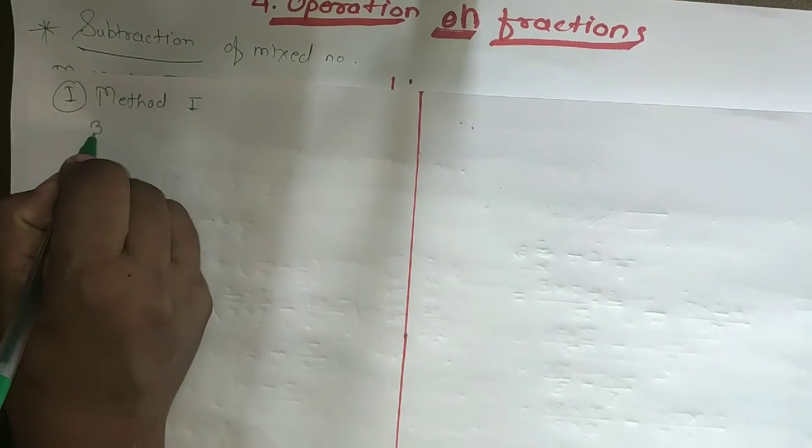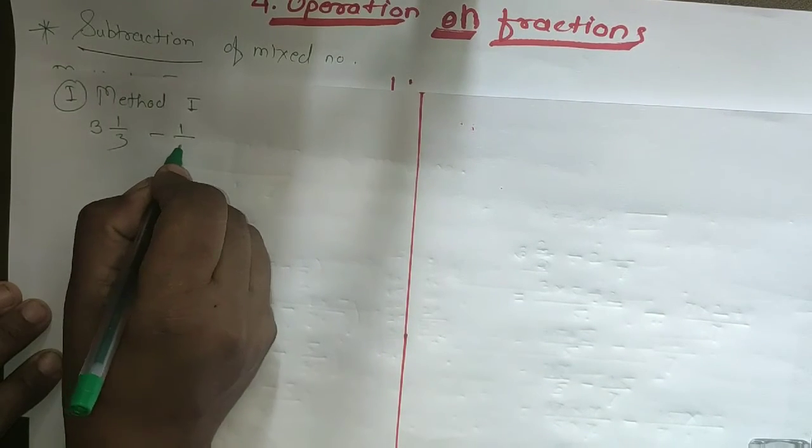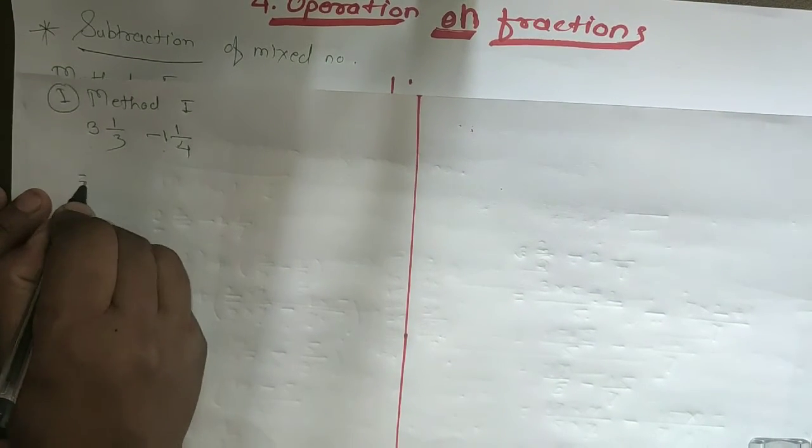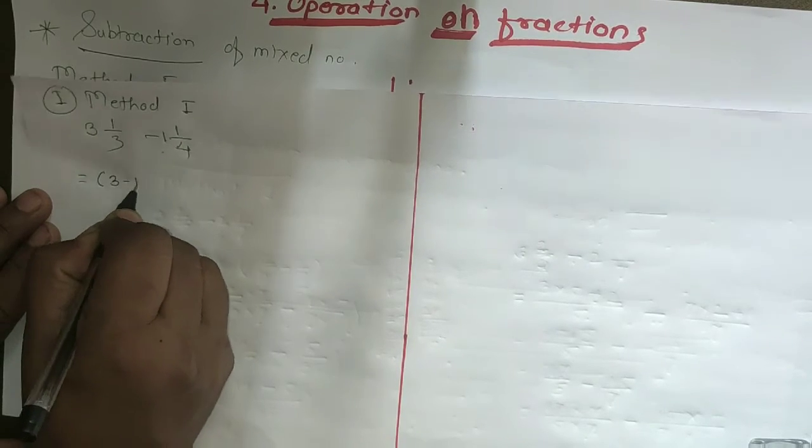3 integer 1 upon 3 minus 1 integer 1 upon 4. So first we will solve by our first method. So 3 and minus, we have to write in the bracket. 3 minus 1.